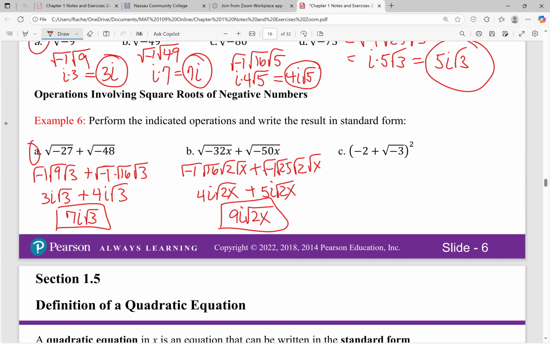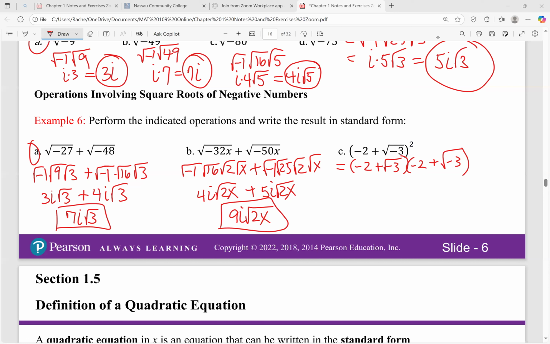So this is the same thing as -2 plus the square root of -3 times -2 plus the square root of -3, right? Anytime we square something, we're multiplying it by itself. So I'm just going to write it out that way, right? And now we have to distribute. So we're going to use our distributive property.